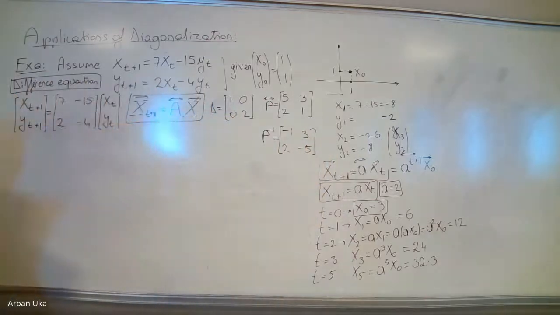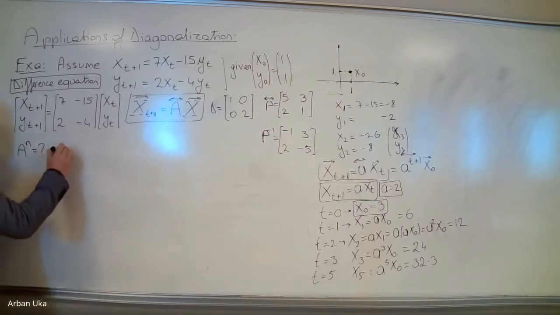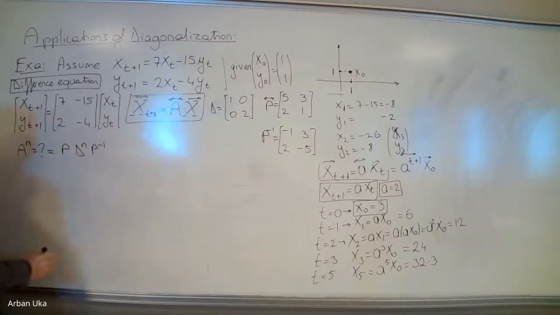Okay, so this is what we obtained here. And then the question is, let's try to figure out what is A to the power n. So this A to the power n is the major question, and this is equal to P times D to the power n times P inverse.